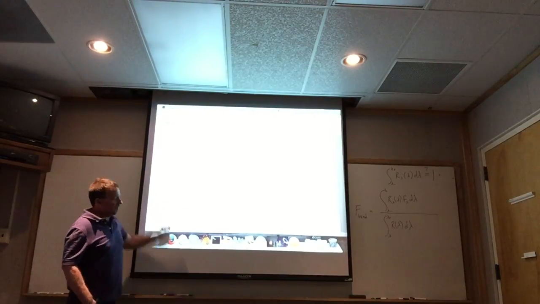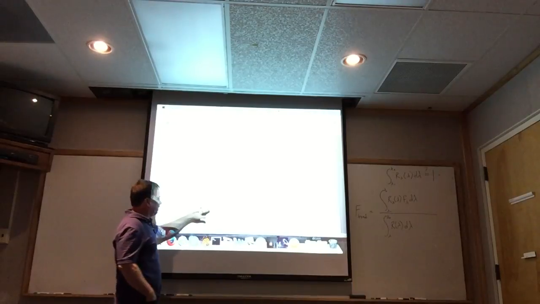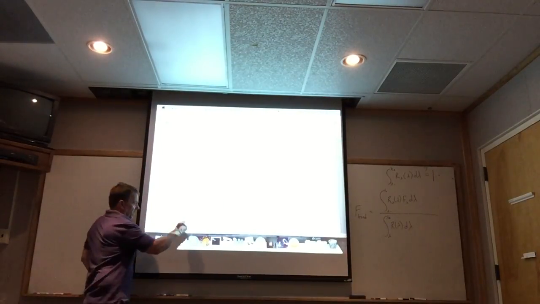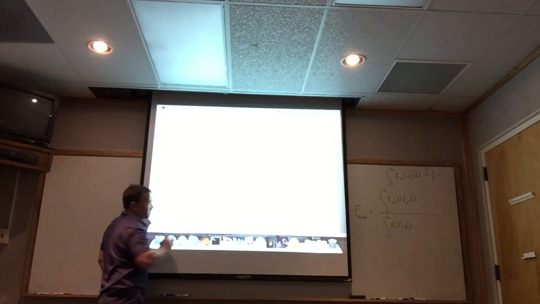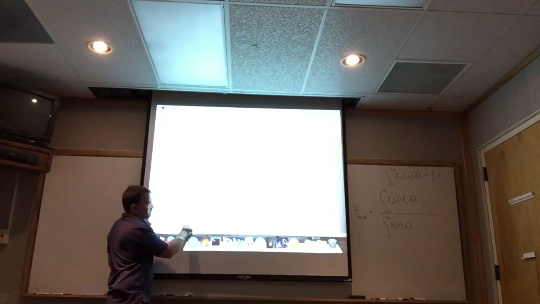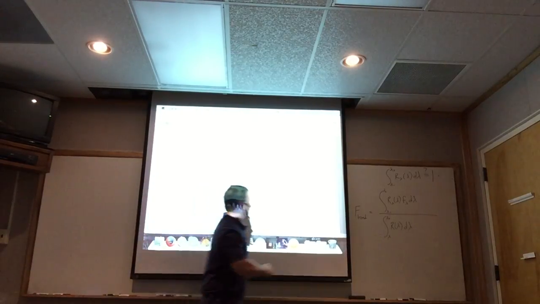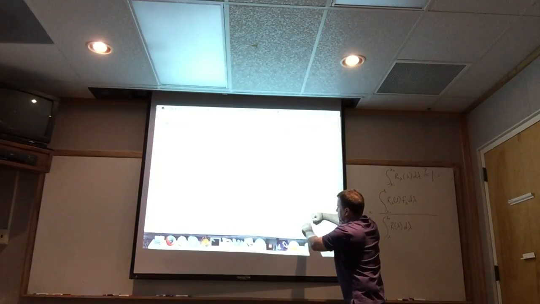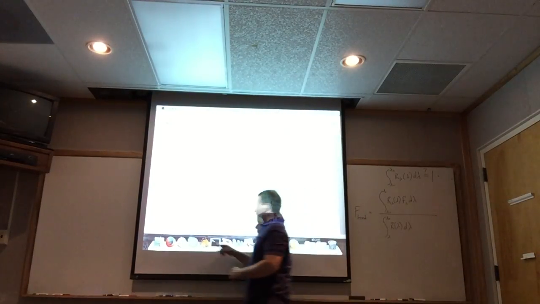Now, I want to show you the relationship between F lambda and F nu. What you want to do is conserve energy in the interval. So you have energy per unit time per centimeter squared per hertz, multiplied by hertz. What does that give you? Ergs per second per centimeter squared.